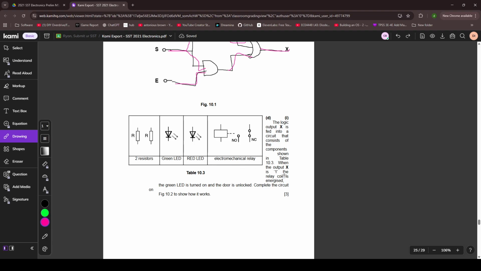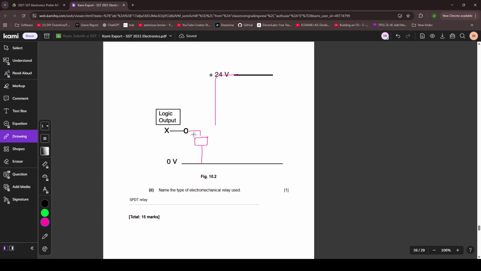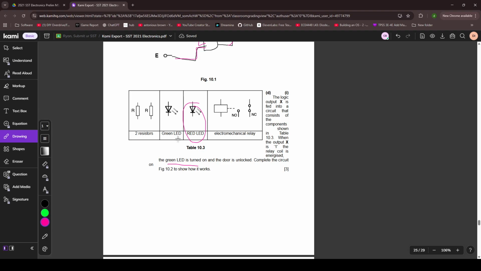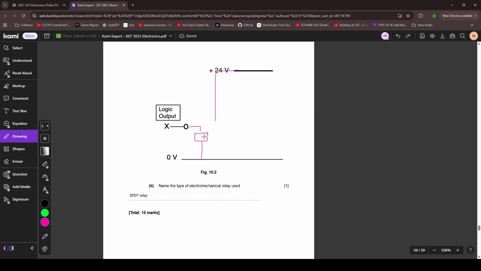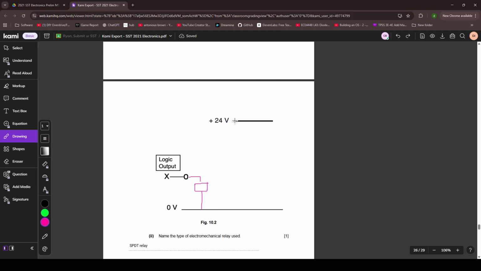It says when the coil is energized, the green LED is turned on, and then it doesn't talk about the red LED. But what I'm guessing is that when the green LED is off, the red LED is on. That's probably true. So okay, two resistors, two LEDs.